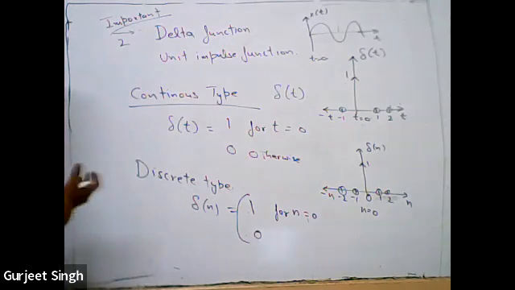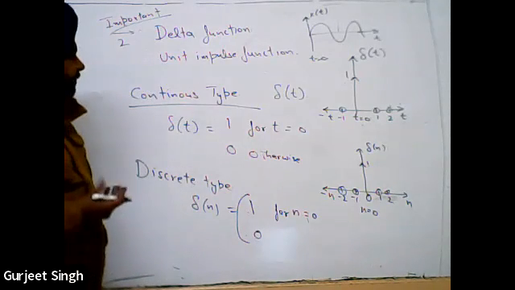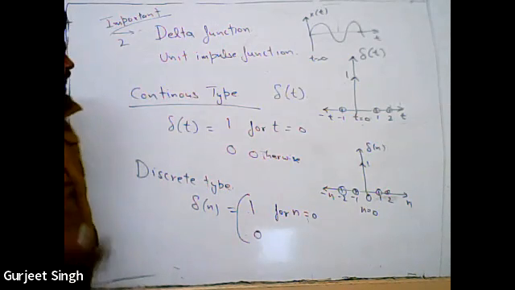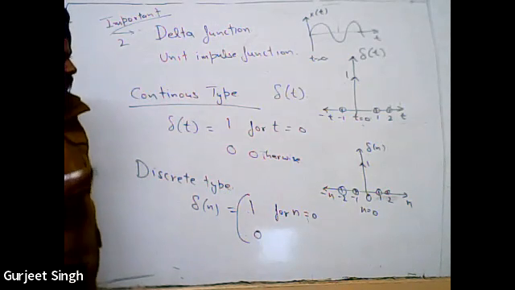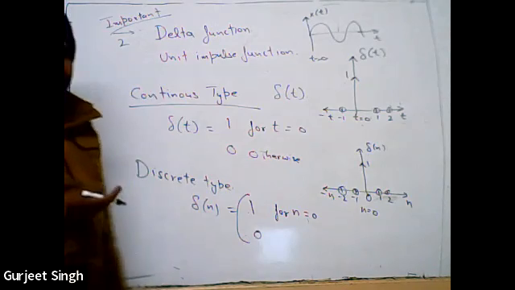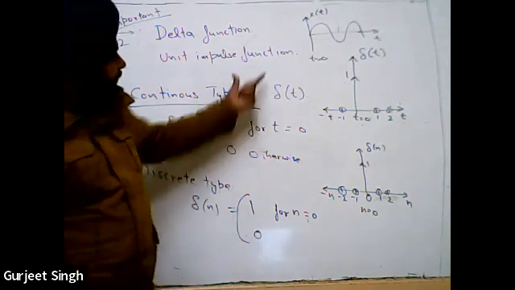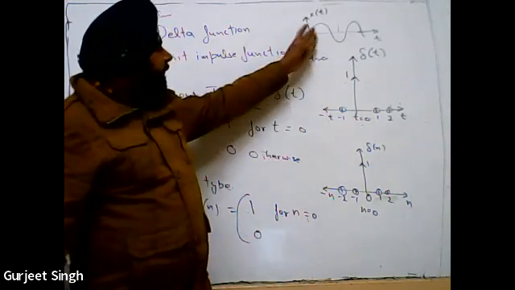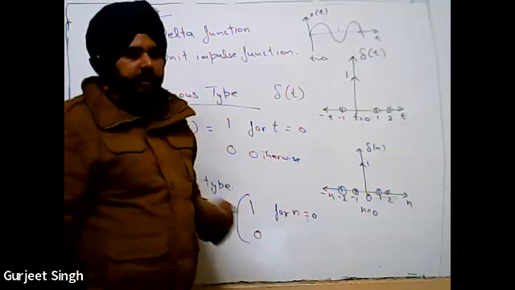That is called the delta function or the unit impulse function. Later on we will discuss in detail how we use the shifting properties to find out the value of the signal at a particular instant of time.